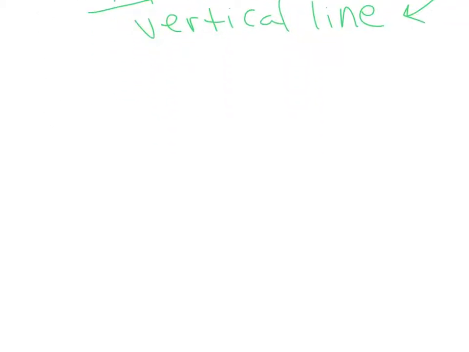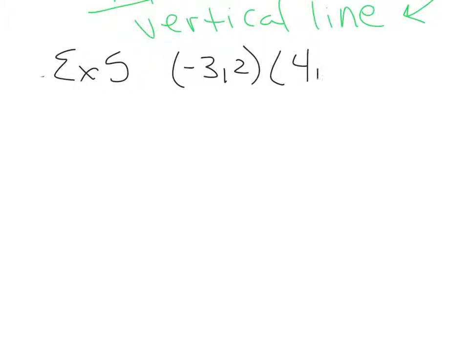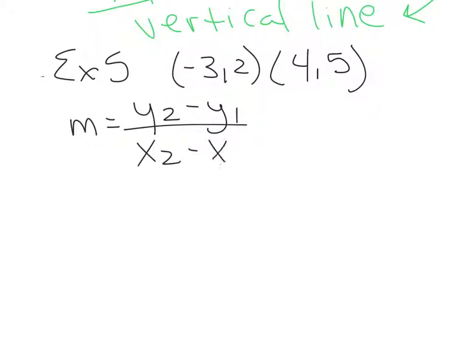All right, scroll it up here. Example 5, same type of question. Find the slope of the line that passes through the points negative 3, 2, and 4, 5. So again, that slope formula is y2 minus y1 over x2 minus x1. x1, y1, x2, y2. So y2 minus y1 will be 5 minus 2.